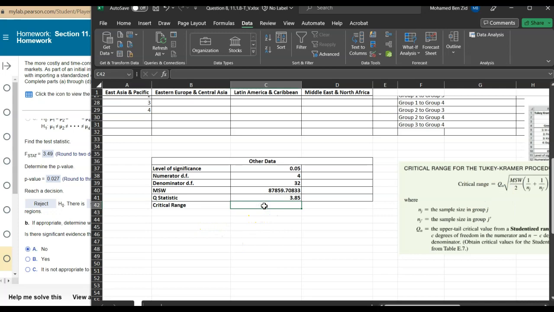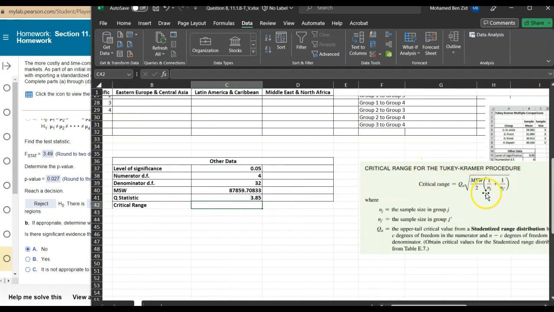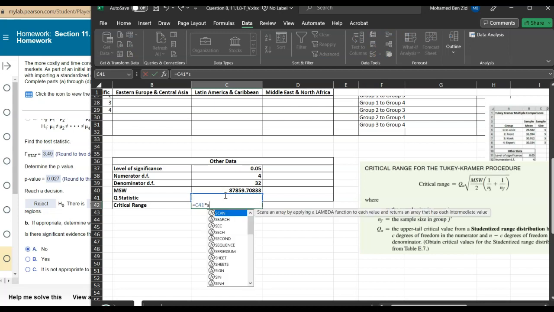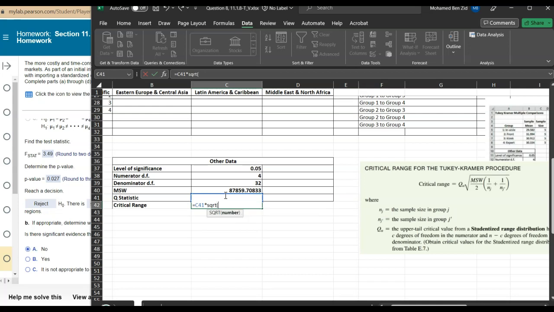All right, so once you've done this, you want to calculate the critical range, right? So now how do you get the critical range? You have the formula right here. This is going to be equal to the Q alpha, which is 3.85. And then you're going to multiply it by the square root, SQRT, open the parentheses. So the MSW, which is the value of this one, divided by 2 and multiplied by, open the parentheses, 1 over nj and nj prime, actually the size of the groups, and they are all 9, right?